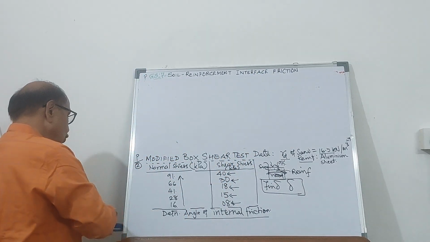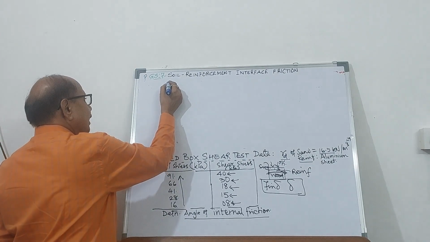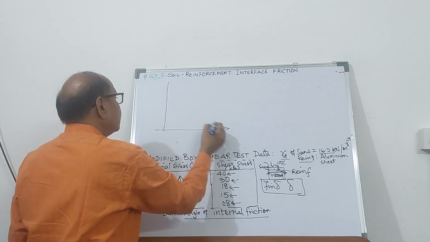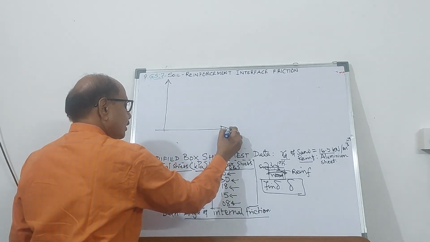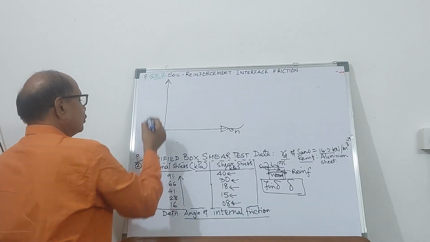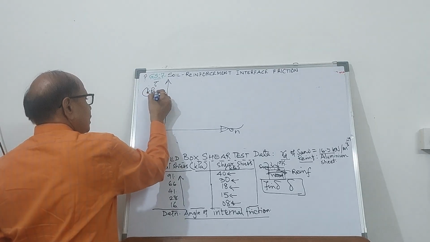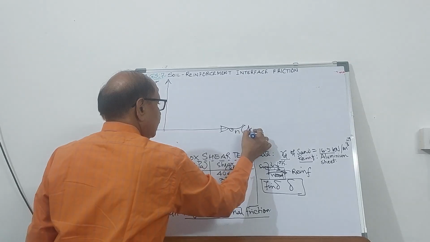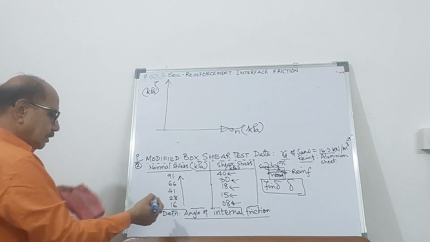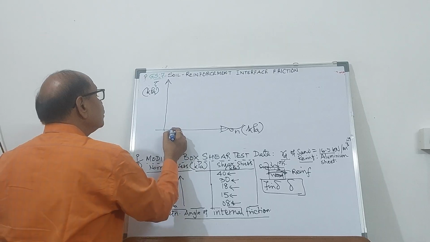So what we have to do graphically, we can solve it by taking a graph paper. The normal stress is on the x-axis and the shear stress tau in kilopascal on the y-axis. Take a simple graph paper, and the readings for normal stress are from 16. The maximum value is 90.